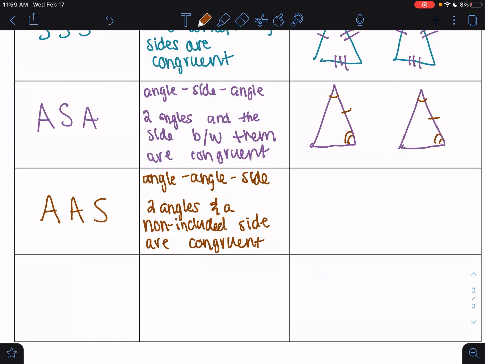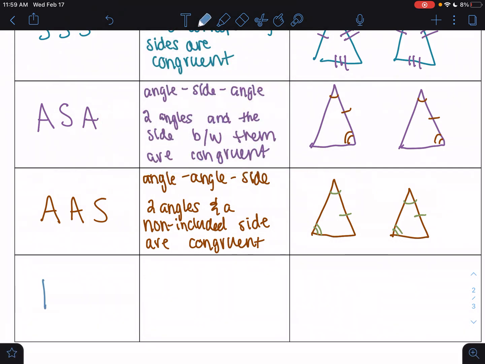So for this one, the side doesn't have to be included. As we can see from my picture here, I have two angles, and then the side is not in between them.